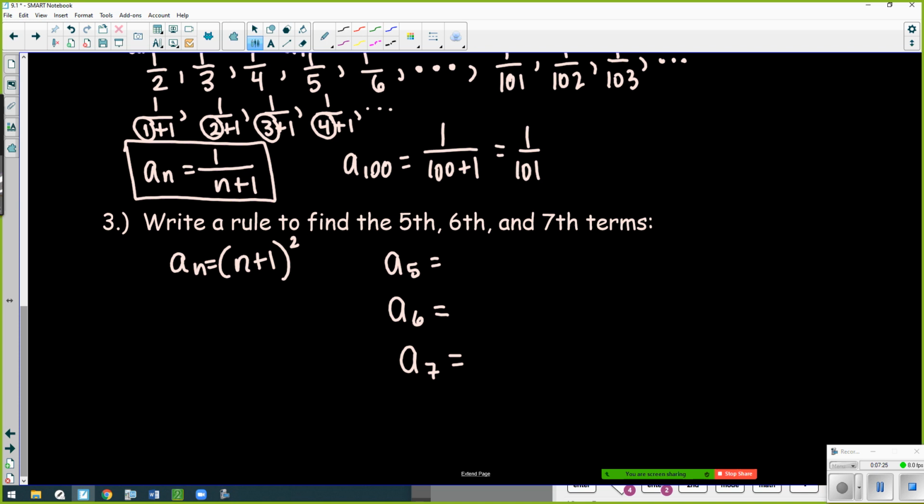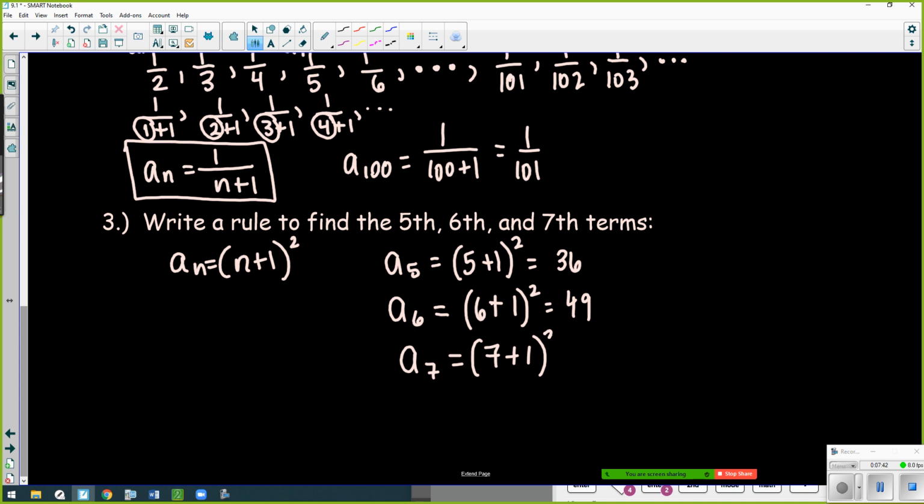Okay, so a sub 5 is going to be 5 plus 1 squared, or 36. A sub 6 will be 6 plus 1 squared, which will give me 49. A sub 7, 7 plus 1 squared is 8 squared, or 64. So there we go. That's how we find the 5th, 6th, and 7th terms.